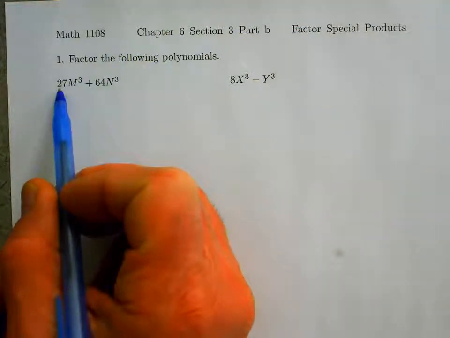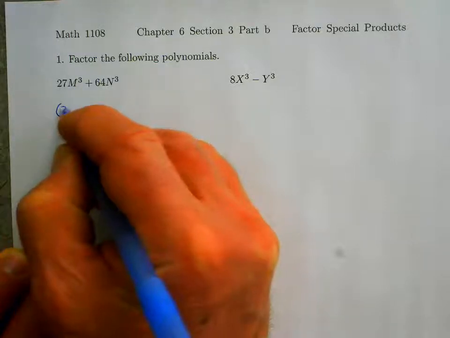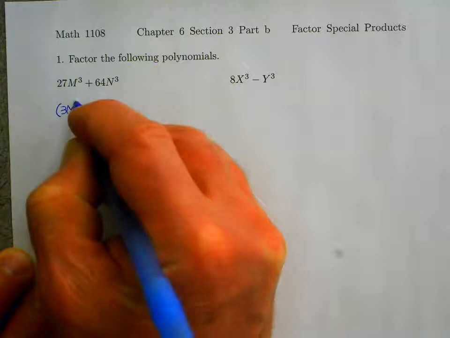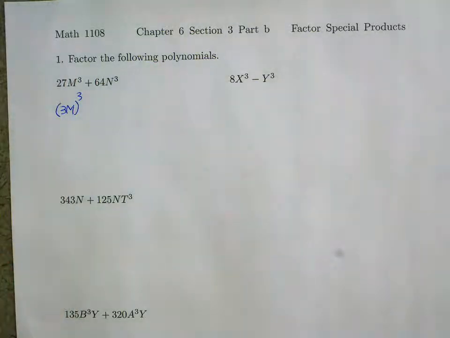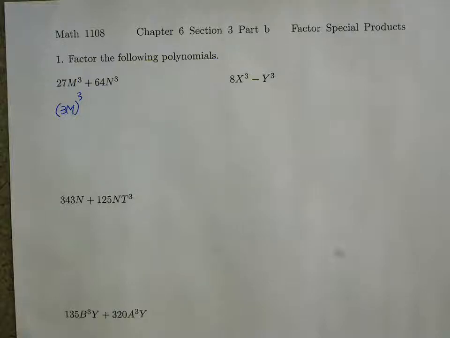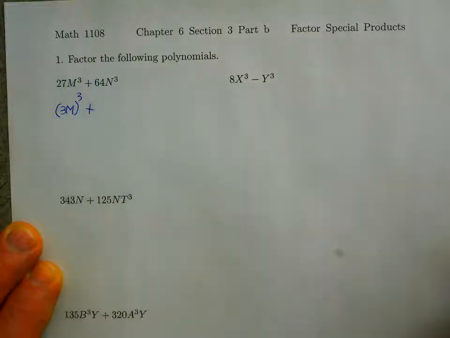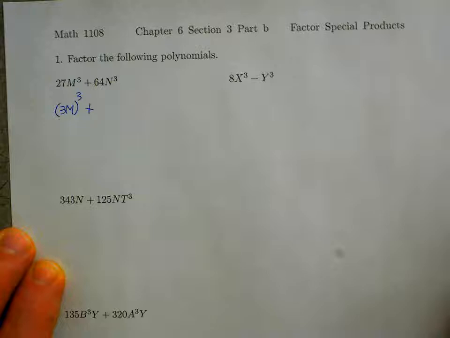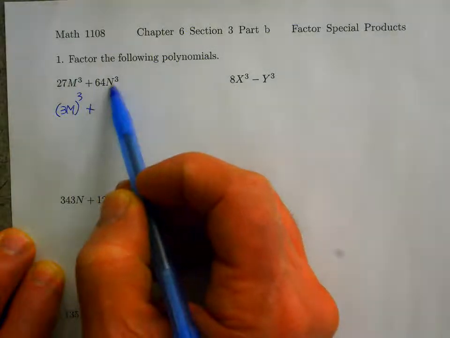We can rewrite 27m to the third as the term 3m in parentheses to the third. So 3 times 3 times 3 is 27, and m times m times m is m to the third. 64n to the third is also a perfect cube. 64 is 4 to the third and n to the third.